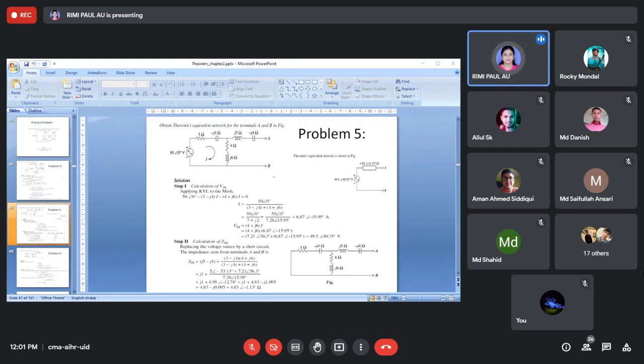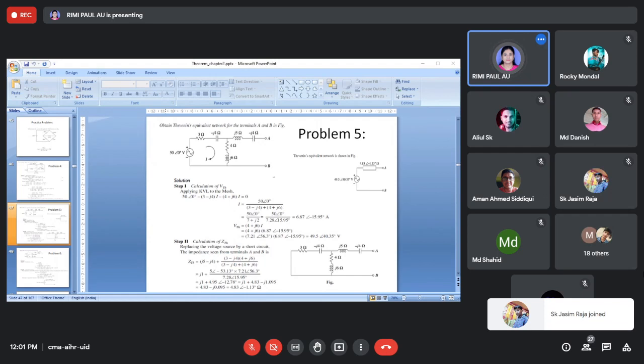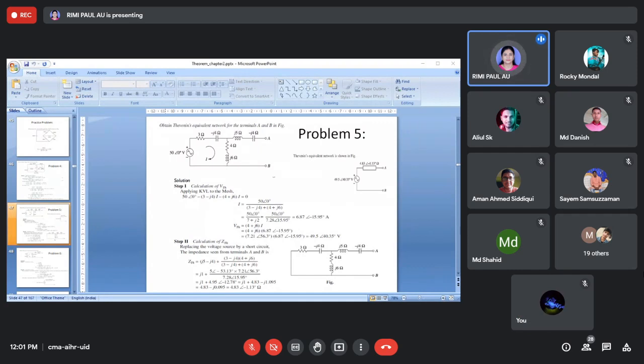If your answer and the answer given to the problem are not equal, then inform me. Okay, because I'm not going through the solving method for every problem. So you will go through the solution method and check whether your answer and the answer given to the problem are right, or anything is wrong in your case, you will also tell me. Okay, if you face any problem.